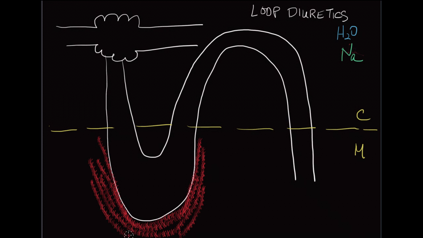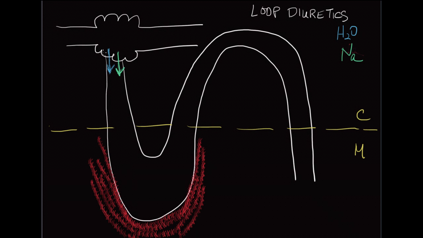And finally, let's follow our urine along the length of the nephron again. Water is freely filtered, and so is sodium. Alright.